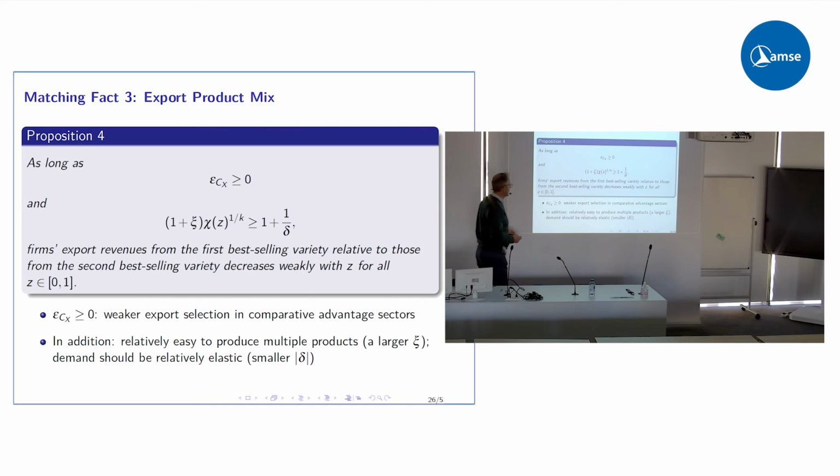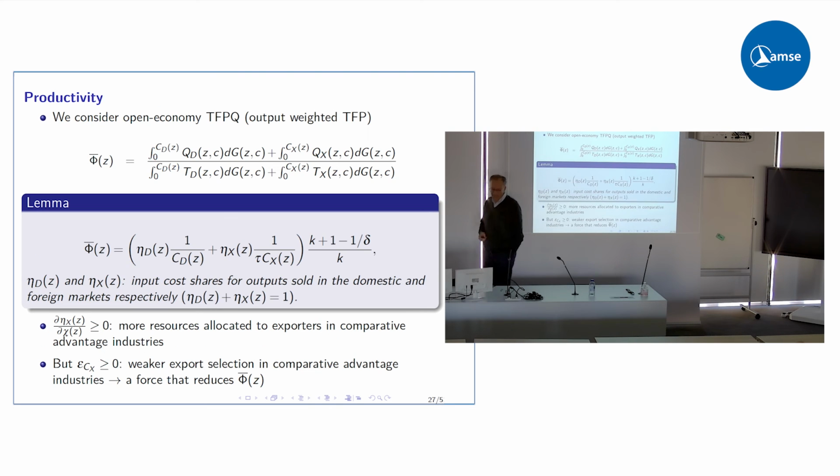A crucial aspect is that with the CS, you will never be able to get to the fact on the export mix, because in a CS setup, the distribution of sales across products is always the same. So it doesn't matter if you cut the Pareto distribution or not.